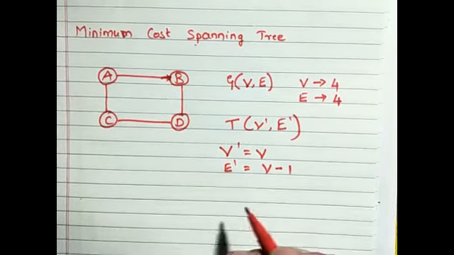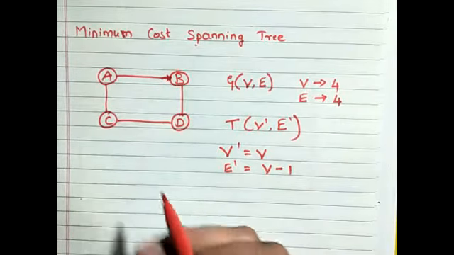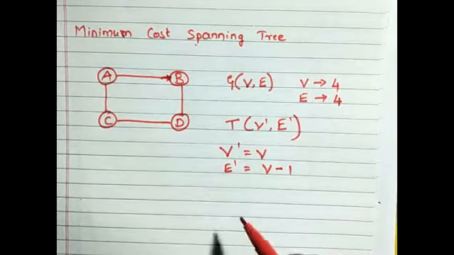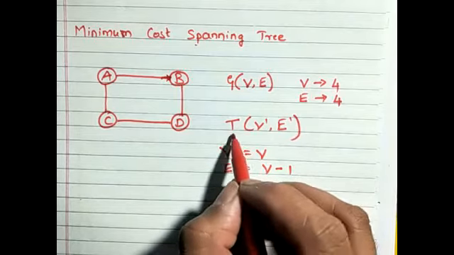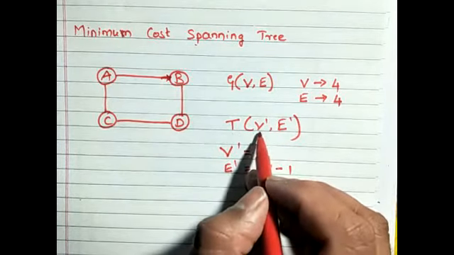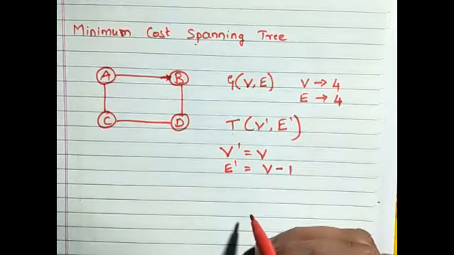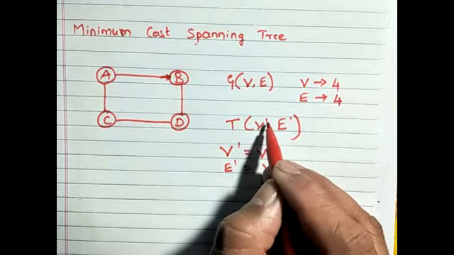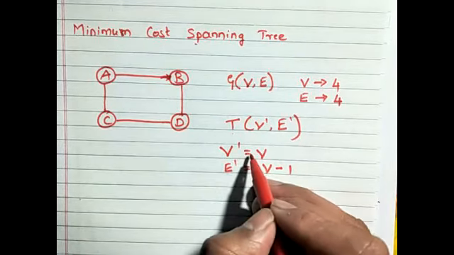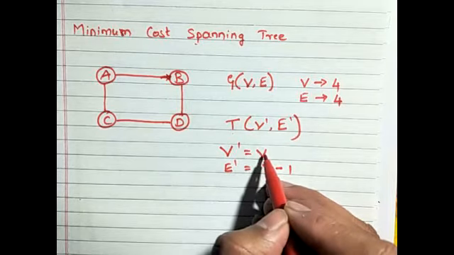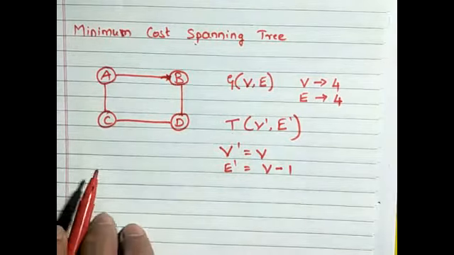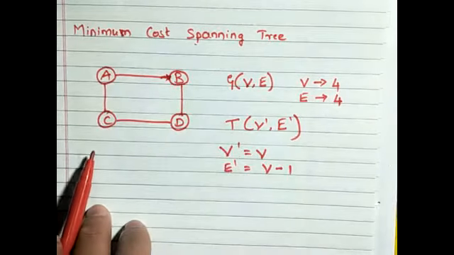From any particular graph, we can derive a spanning tree. So what is the definition of a spanning tree? A spanning tree is a tree consisting of a certain number of vertices and a certain number of edges, denoted here as V dash and E dash. This V dash is equal to V itself, that is the total number of vertices in a given graph.